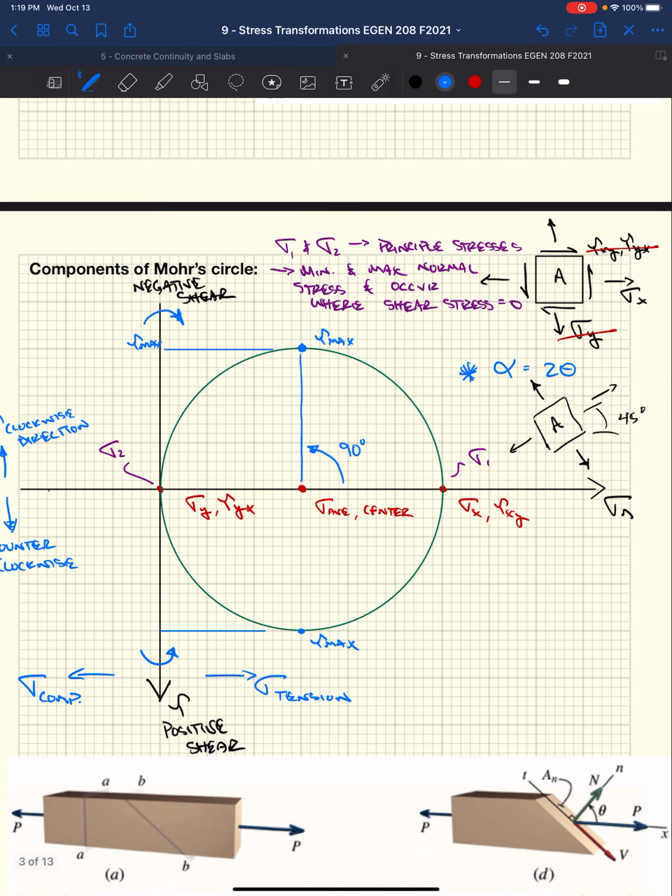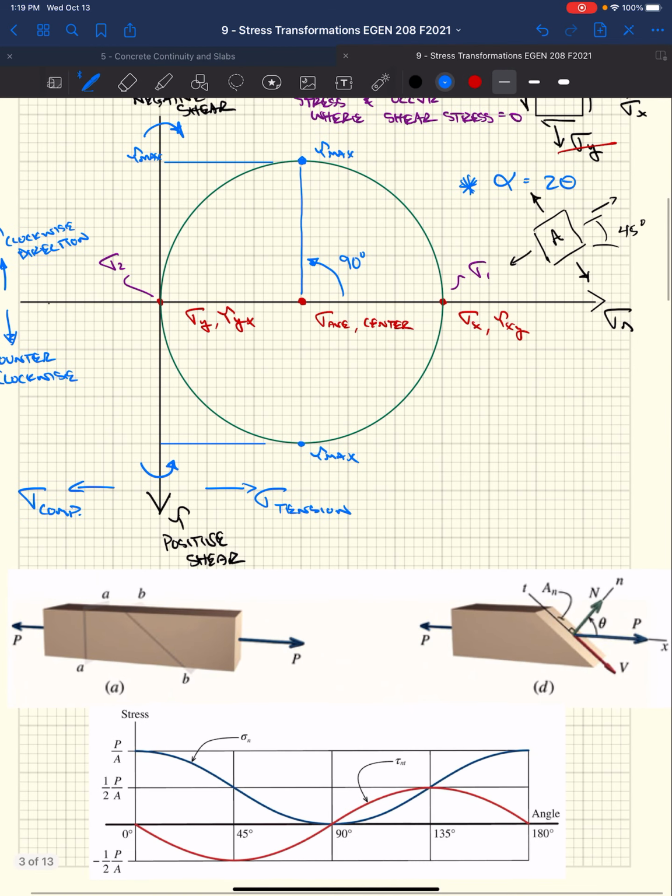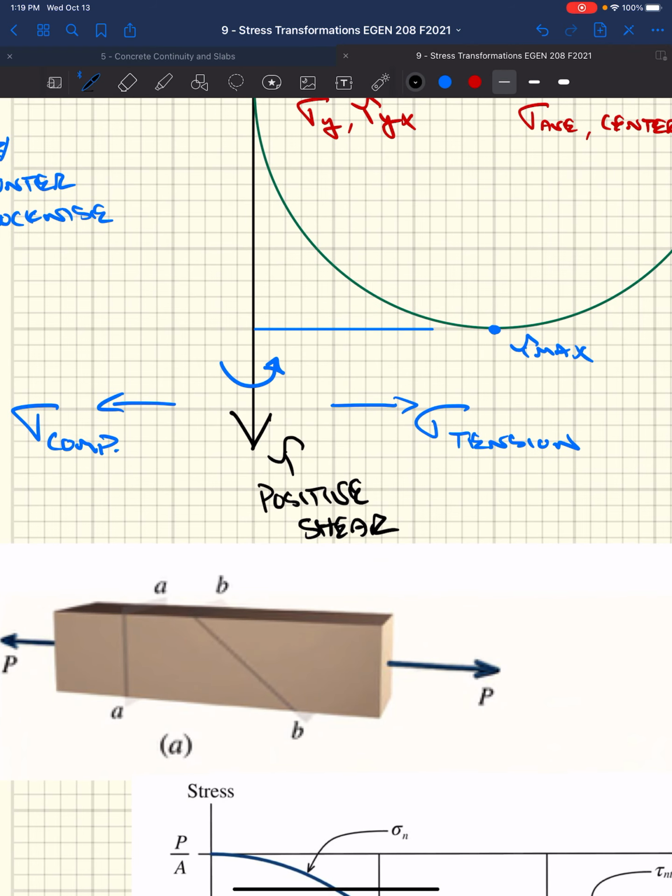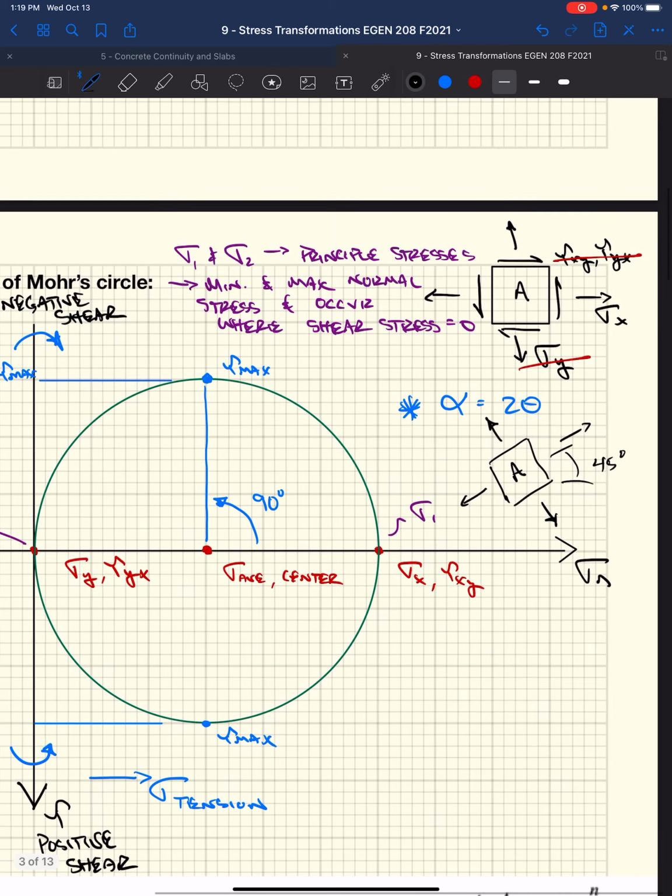Okay. If we wanted to look at, say, any angle, so say this, we wanted to look at the stress oriented at 60 degrees from our initial stress plane, AA.